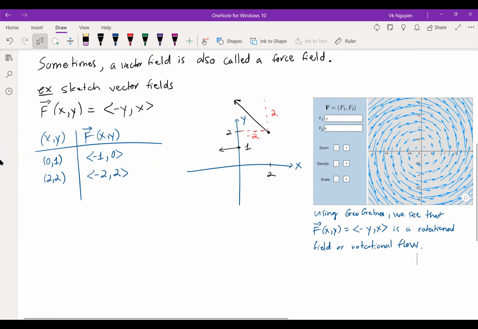For the three-dimensional, I'm not gonna do the hand sketch though because it's terrible. But then we can sketch it to see what it looked like using GeoGebra. So here comes another example.